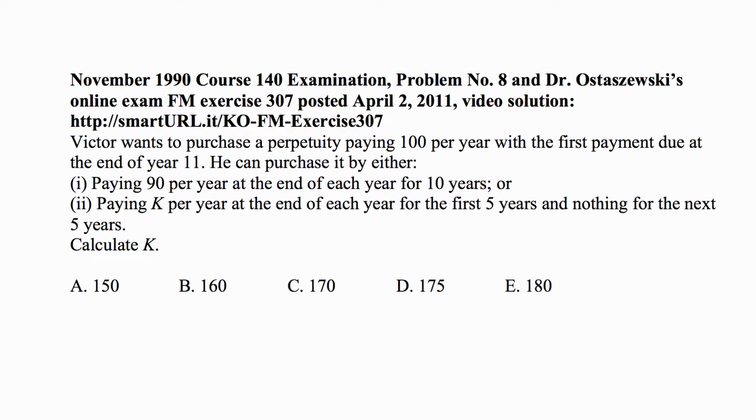Now notice that we actually have 3 different instruments: the perpetuity he's buying, the payments of $90 per year at the end of each year for 10 years, and payments of K per year at the end of each year for the first 5 years. And at the moment of purchase of the perpetuity, they all have equal value. 3 things have the same value at that moment.